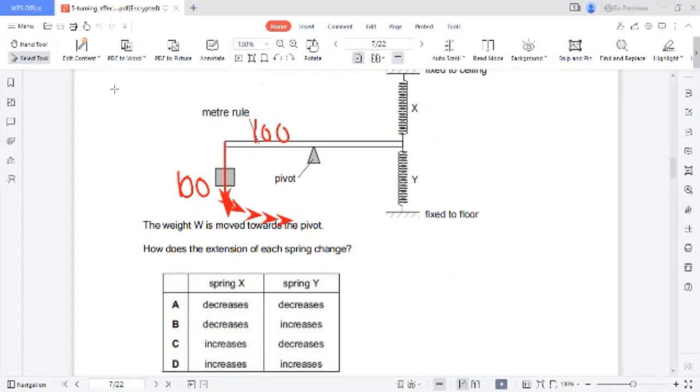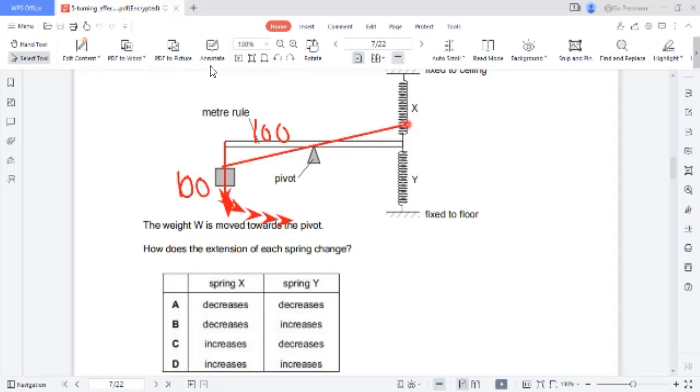If I can draw it, we will have the pivot, and the rod would become something like this, because the weight is creating an anti-clockwise moment on the left hand side.